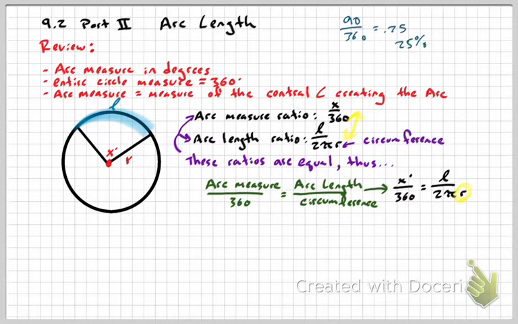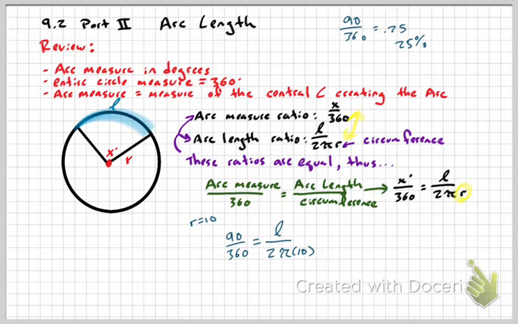And so a really easy example here, let's use that 90 again. So let's say that this was a right angle in our diagram. So our ratio would be 90 over 360 equals, and let's for this say our radius is 10. So 90 over 360, so that's representing this percentage of our arc, equals, we're trying to find the arc length L over 2 times pi times the radius, or our circumference formula.